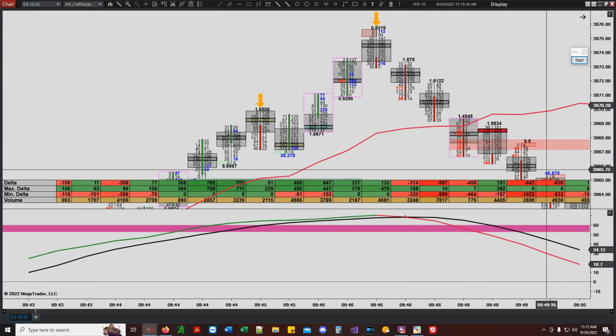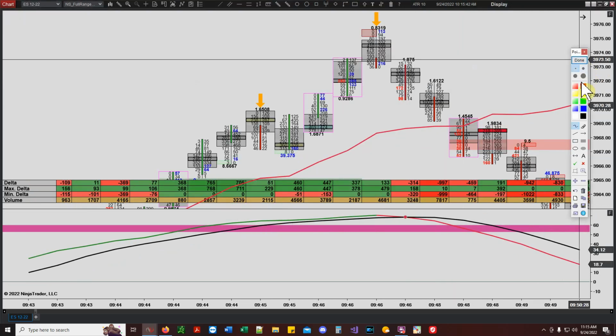We have a bearish crossover here. Bearish crossover there. Delta went from plus 130 to minus 314.